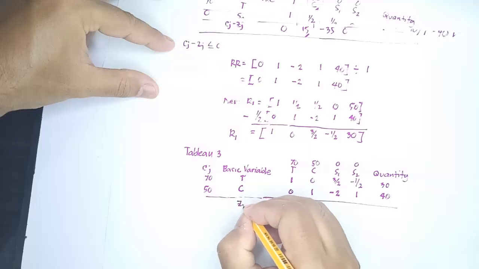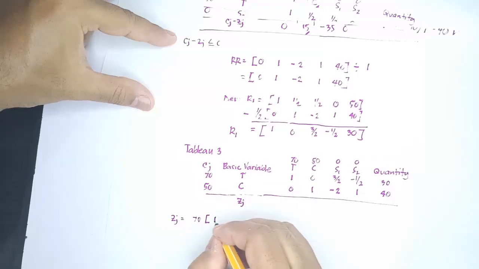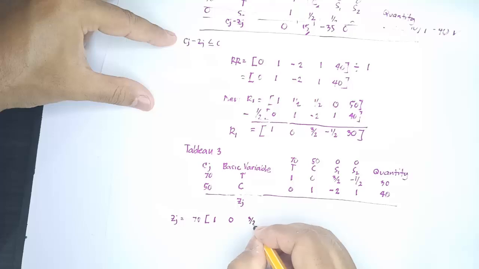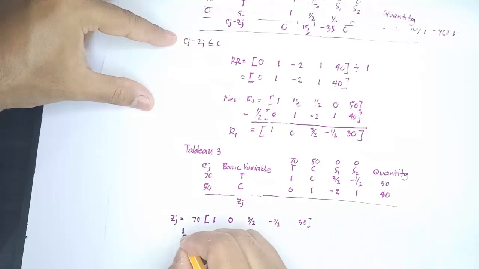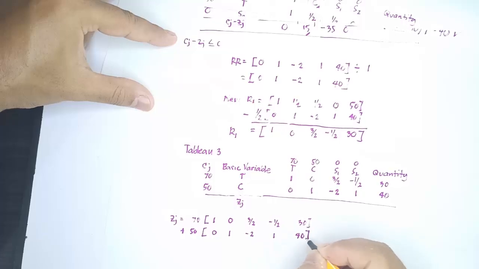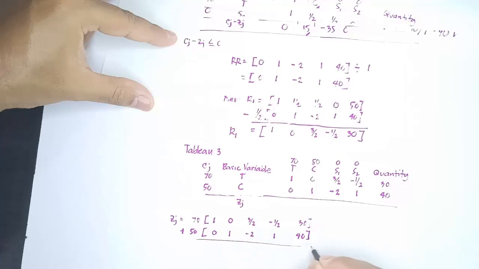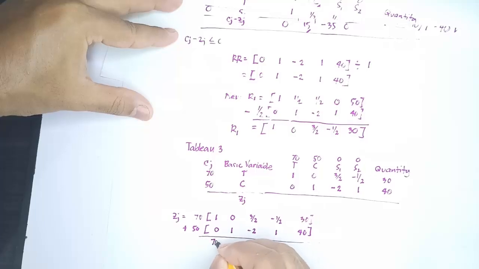So for the elements of z sub j, 70 times the elements of row 1, 1, 0, 3 over 2, negative 1 half, 30, plus 50 times the elements of row 2, 0, 1, negative 2, 1, 40. So this is 70 plus 0, that's 70, 0 plus 50, that's 50.